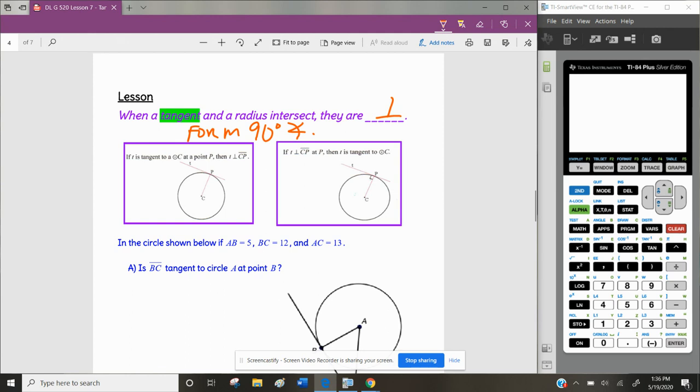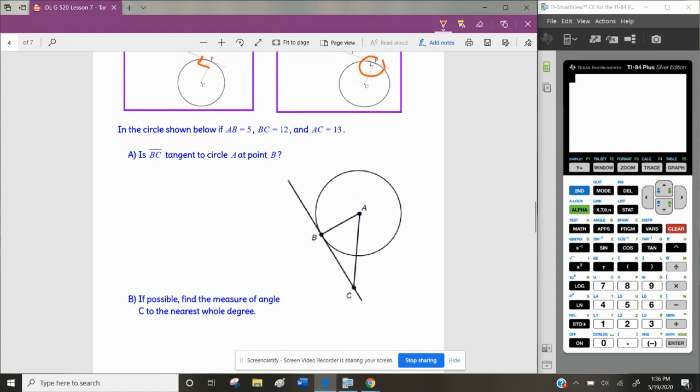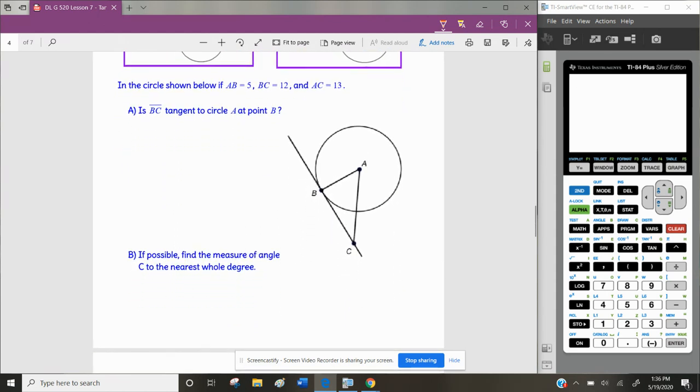In these two purple boxes, all that means is if a tangent and a radius meet, then we know that there is a right angle there. And if we know that there's a right angle there, then whatever segment intersects the circle once must be a tangent. So it goes both ways. If we know one, then we know the other.